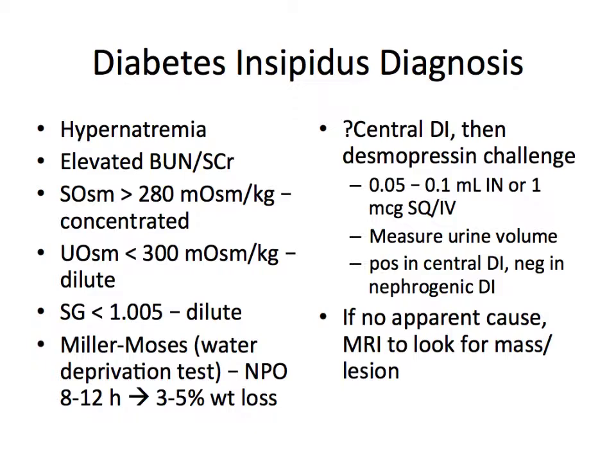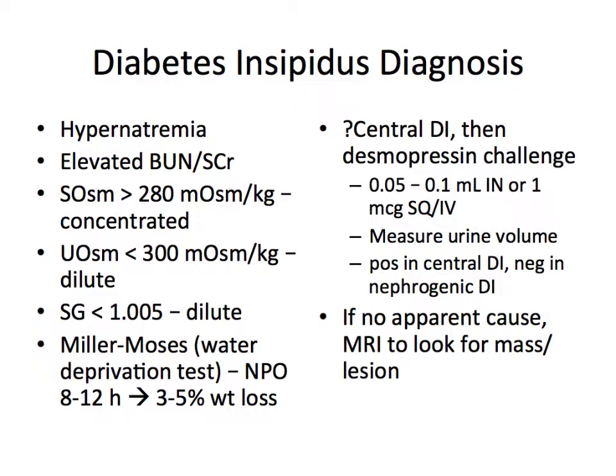indicating dilution. A simple test for the diagnosis of diabetes insipidus is the Miller-Moses test. This is also referred to as the water deprivation test, where the patient is maintained NPO for 8 to 12 hours, and there is a resulting 3 to 5% weight loss. This confirms diabetes insipidus. Another test that can be done is the vasopressin challenge test.